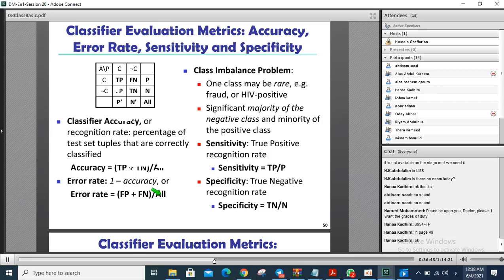But there is one important note here. All datasets may be balanced or may be imbalanced. What does it mean?